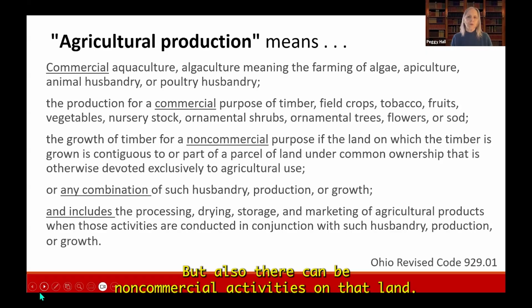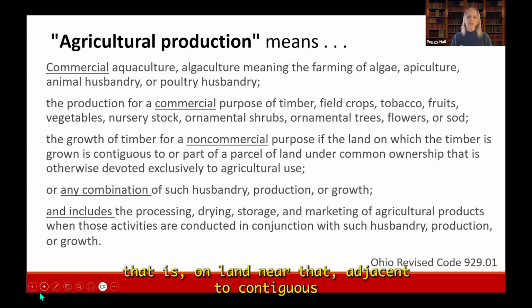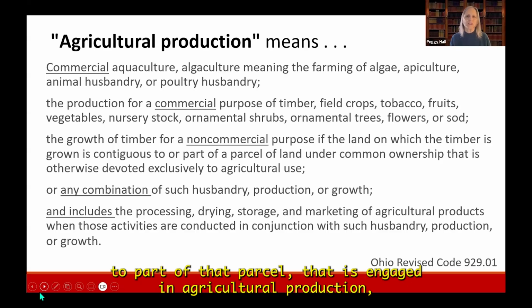But also, there can be non-commercial activities on that land if that is timber production, timber growth for a non-commercial purpose that is on land adjacent to, contiguous to, part of that parcel that is engaged in agricultural production.